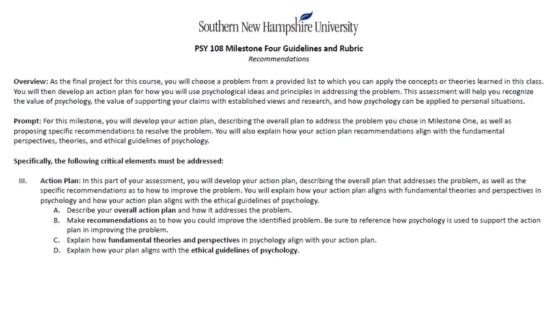So in developing your action plan, you'll not only make specific recommendations, you will also align those recommendations with the fundamental perspectives and theories and ethics that you discussed in Milestone 3. I trust that you're seeing how all of these pieces fit together within the final project framework.